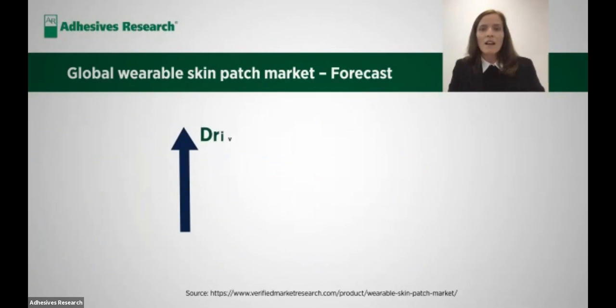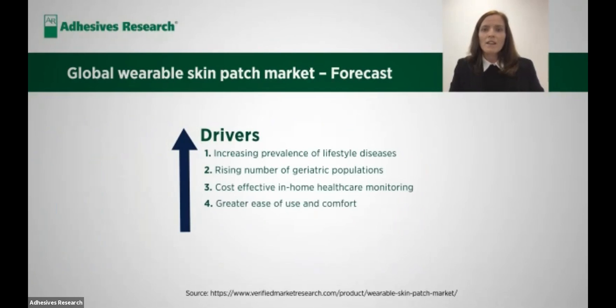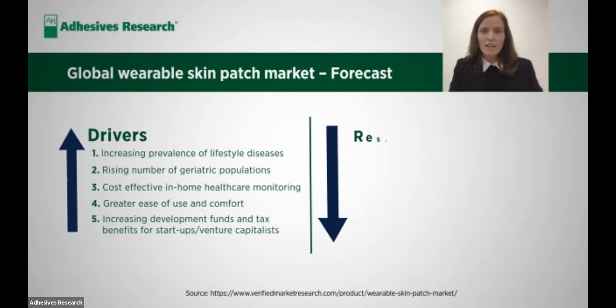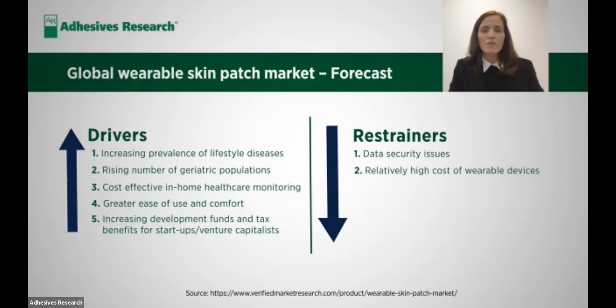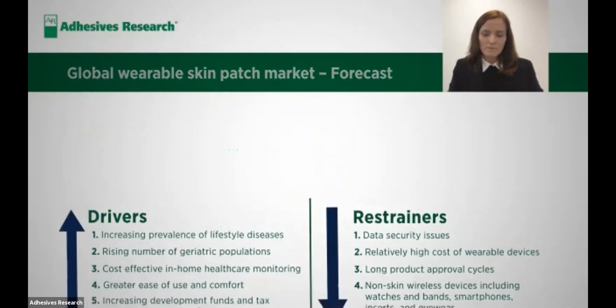The drivers include an increasing prevalence of lifestyle diseases, the rising number of geriatric populations, cost-effective in-home healthcare monitoring, greater ease of use and comfort at home, and increasing development funds and tax benefits for startups and venture capitalists. The restraining factors then include data security issues, the relatively high cost of wearable devices, long product approval cycles, and non-skin wireless devices, including smartphones, watches, bands, and eyewear.